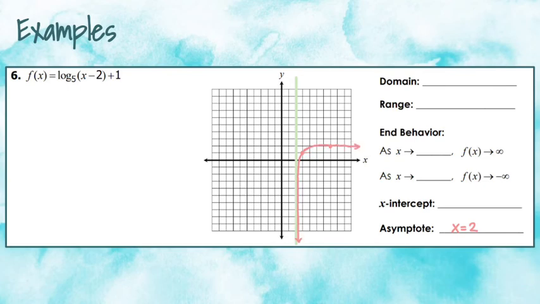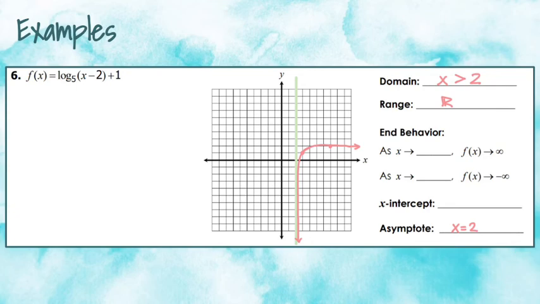All right, so once that's drawn on there, let's go ahead and answer our questions here. Our domain always follows our asymptote. So since our asymptote is x equals 2, our domain is going to have an x and a 2, and if it's to the right of the asymptote, it's going to be greater than. If it's to the left, it will be less than. The range is always going to be all real numbers.